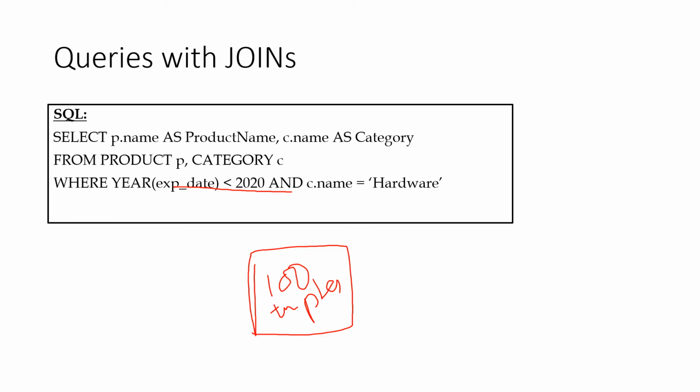If, let's say, the category table also has an index on category name, then we will get one tuple from the category table, and this one tuple can be joined with the 100 tuples of the product table. Without indexes, we have to look at every tuple in both tables, which is extremely costly.